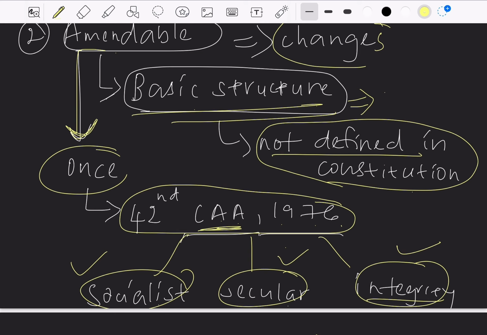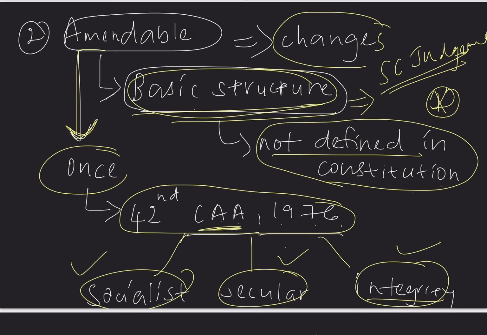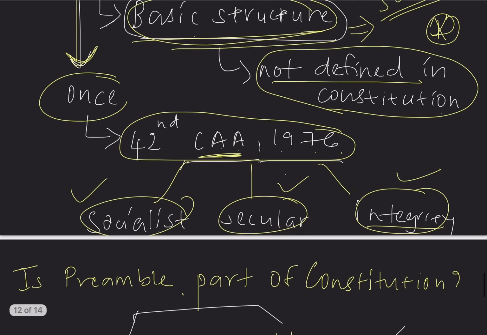What is the meaning of basic structure? It is not defined anywhere in constitution. This was also asked in prelims. So what constitutes basic structure? It was defined by Supreme Court in its various judgments. So these basic structure elements shouldn't be altered or changed while making amendments to the preamble.